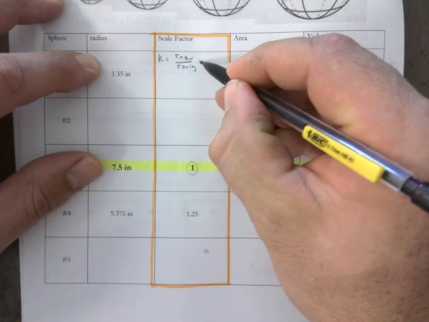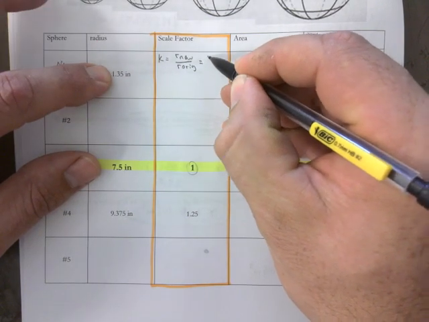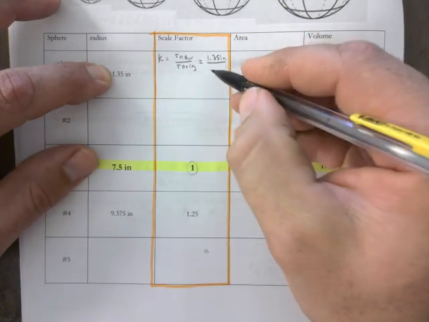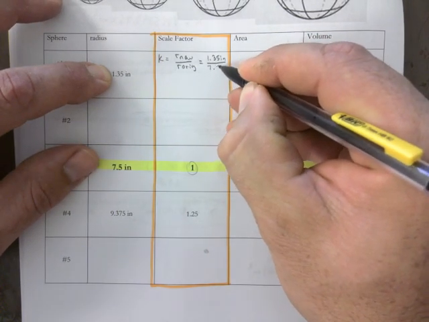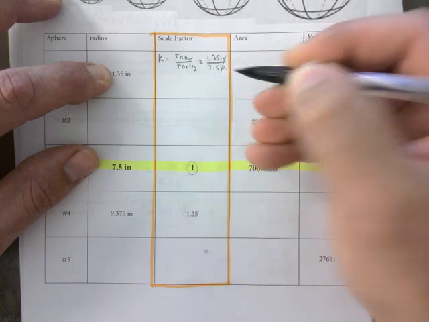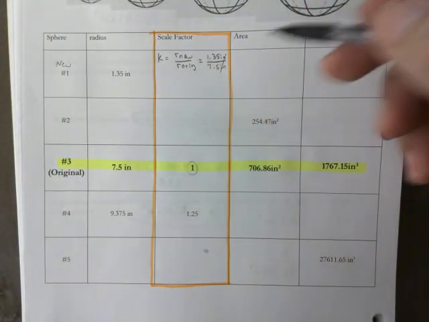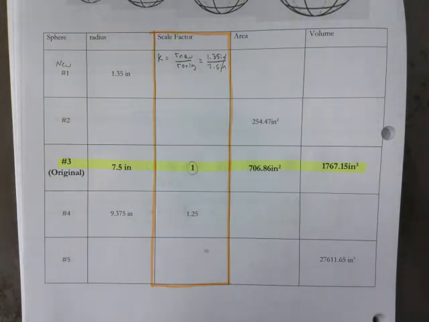All you do here is the new one is 1.35 inches and the original is 7.5 inches. We can just divide and get a decimal, that's fine.